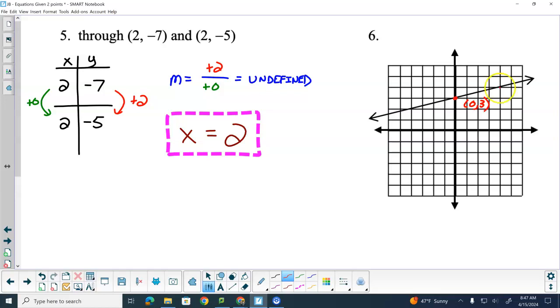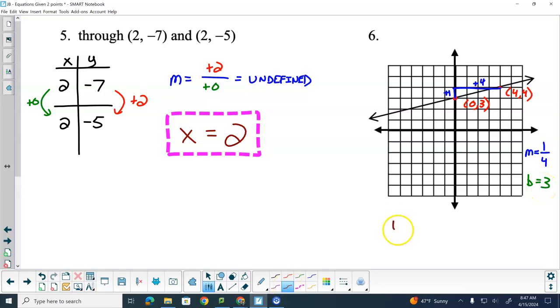Oh, I like this. What is that? That's 4, comma 4. Now off of a graph, we could go +1 for our rise, +4 for our run. So slope is 1/4. Y-intercept is 3, 0, 3, so our B is 3.